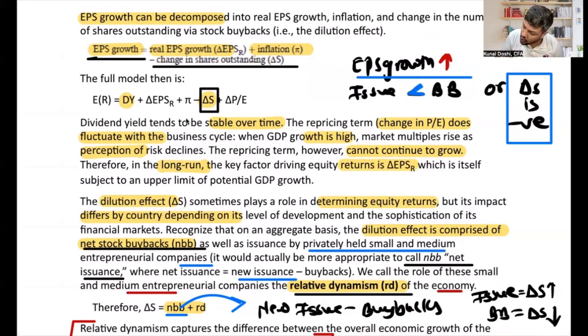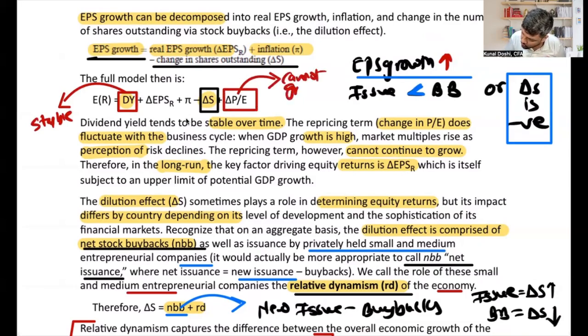So, guys, in the long run, they are saying that, of course, the dividend yield is stable, and change in P/E cannot grow forever. So in the long run, even this will saturate.